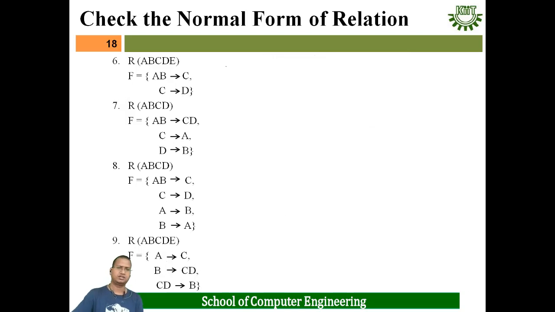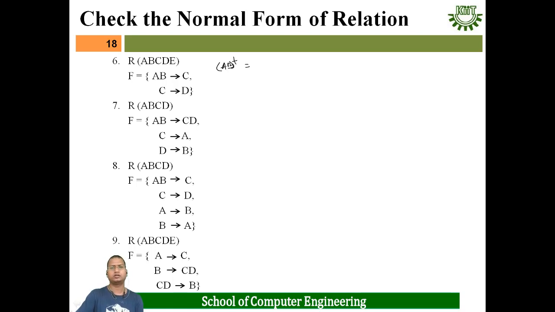Check the normal form of the relation. For question number 6, we have to find the candidate key.